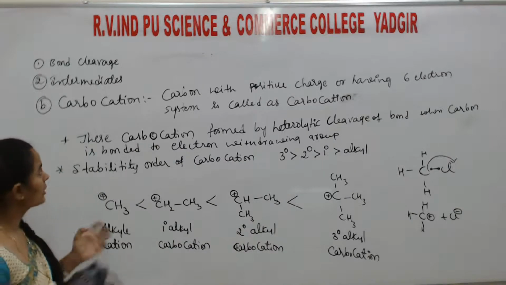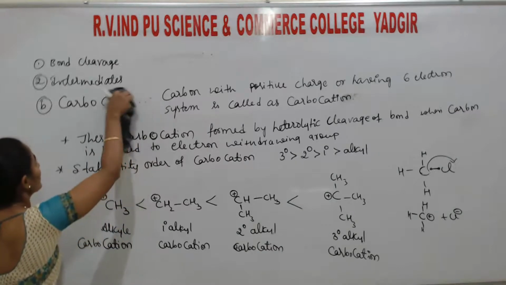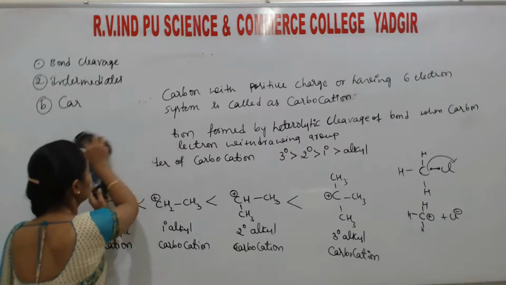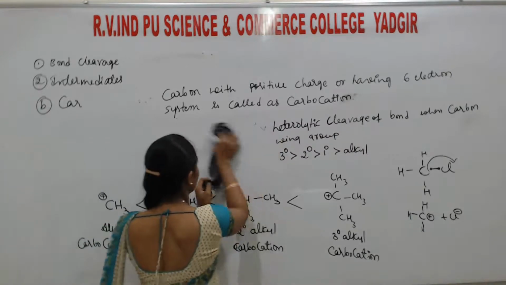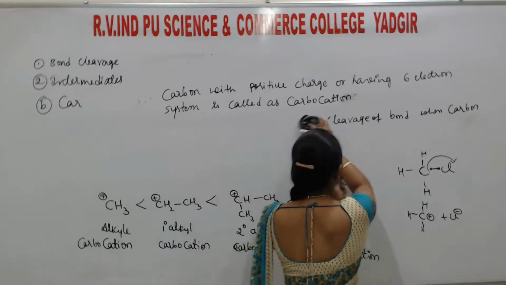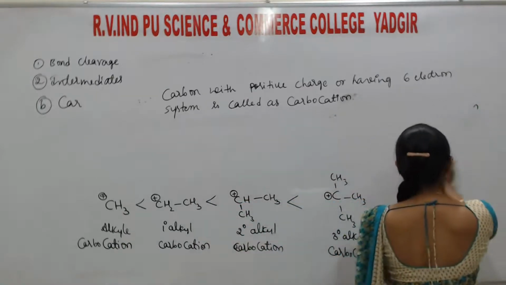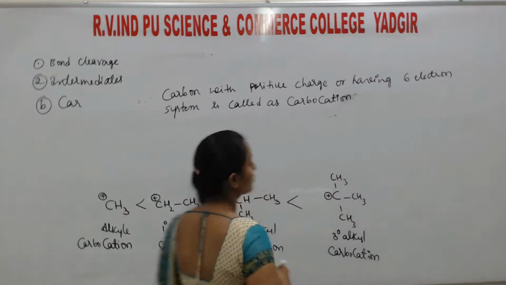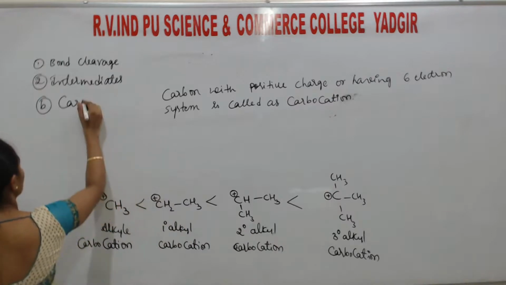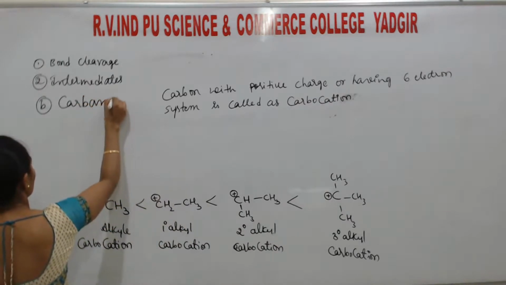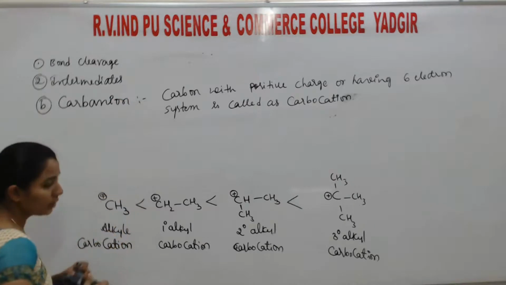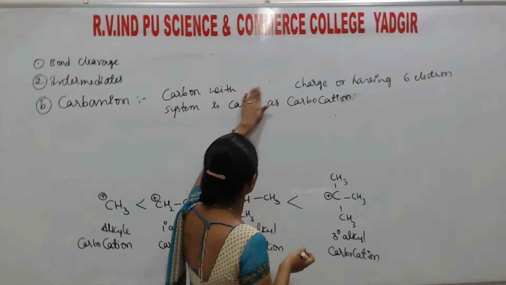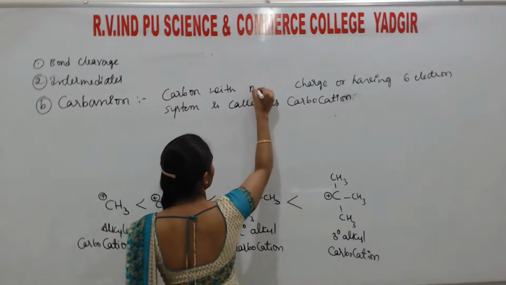So the next intermediate is carbon ion. Only the change here, students: the carbon with the positive charge changes to negative charge.